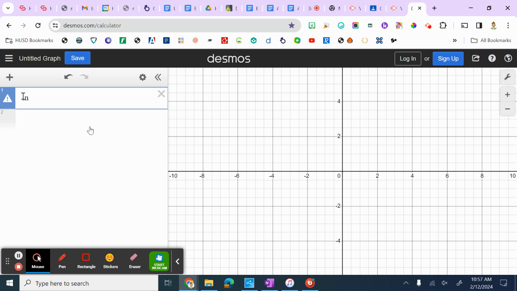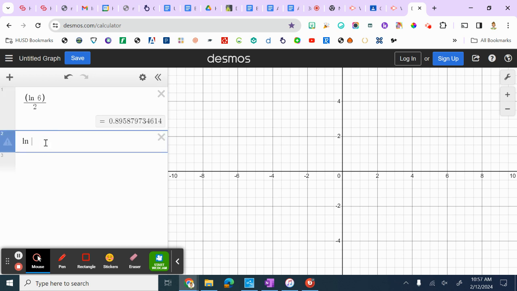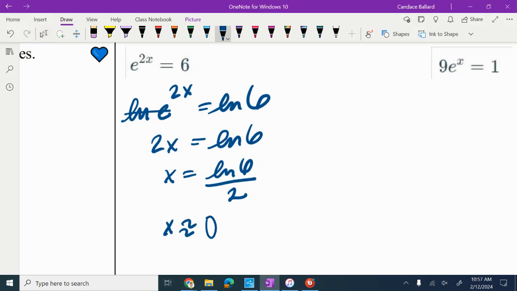I'm probably going to put parentheses around this so I can hit the divided by. Natural log of 6 divided by 2. If I don't put the parentheses, notice it turns it into 6 divided by 2 inside the natural log. The answer is different. So we want that first answer. So 0.89, and what would I round this to? 6. So 0.896.